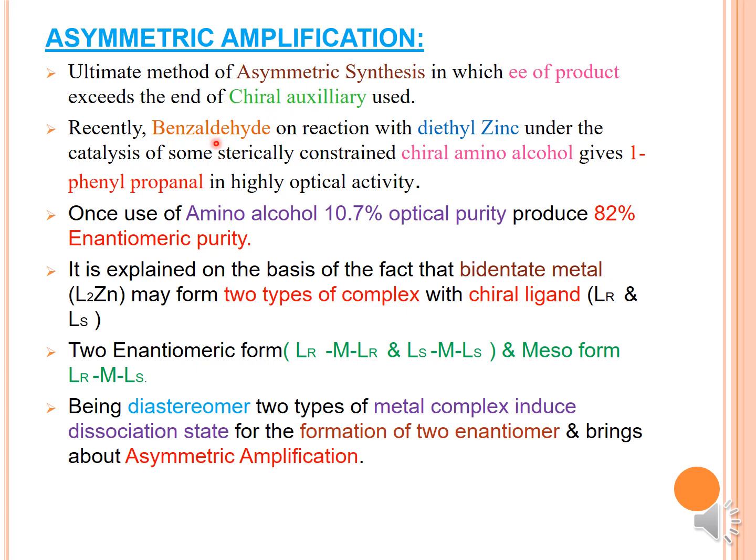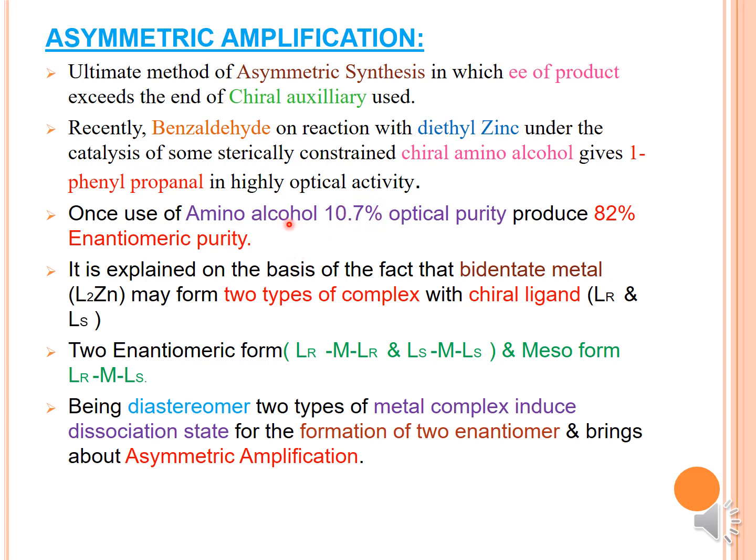Recently, when the benzaldehyde molecule is treated with diethyl zinc, the diethyl zinc will act as a catalyst, okay, with some sterically constrained chiral amino alcohol. That will give you 1-phenyl propanol, which has higher optical activity.